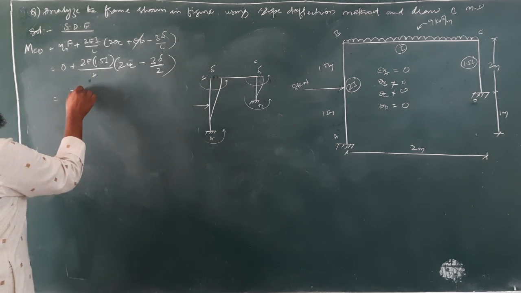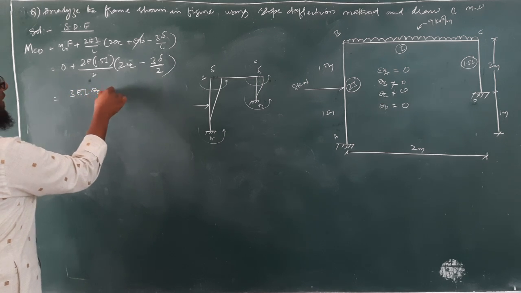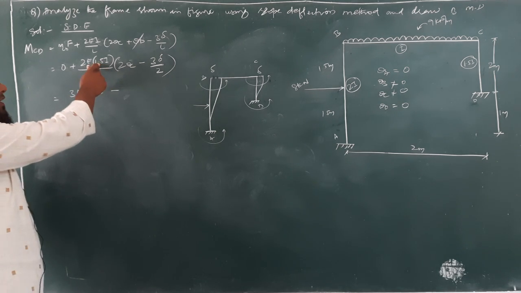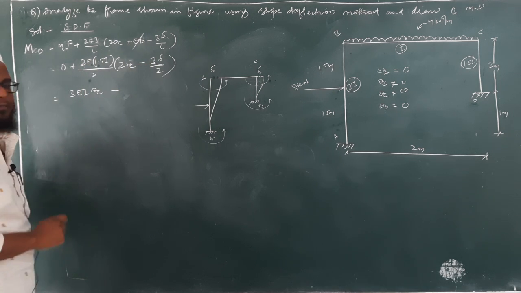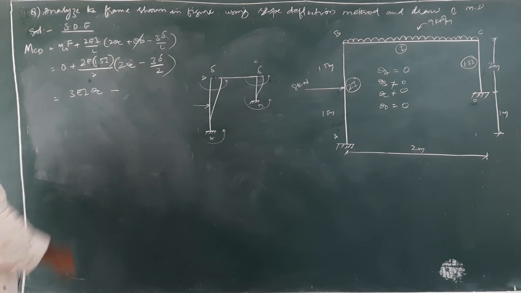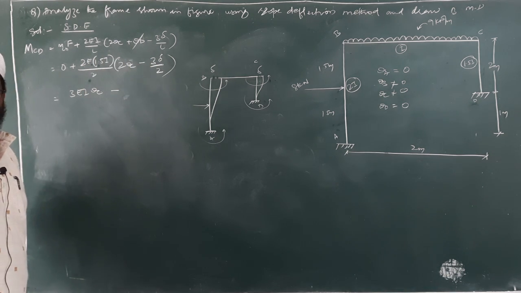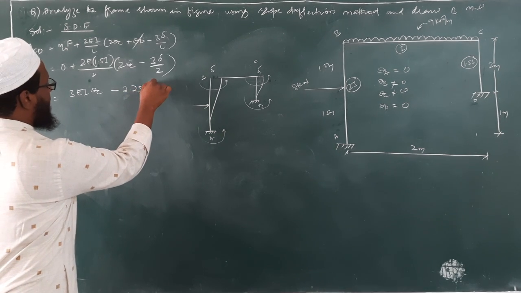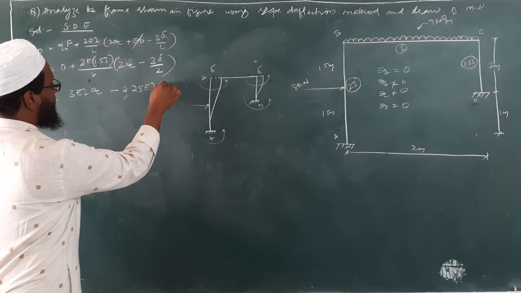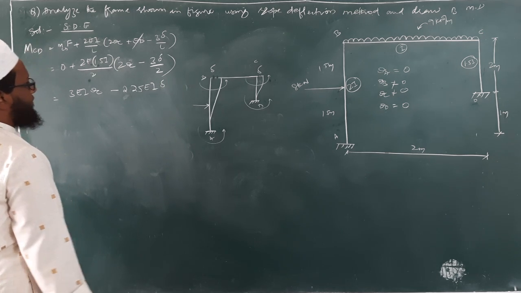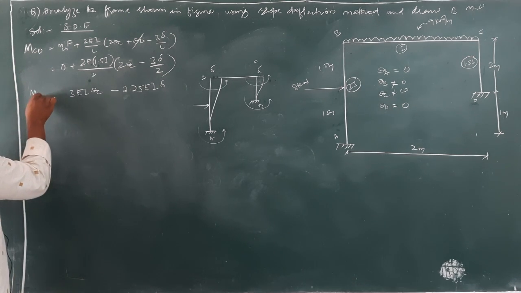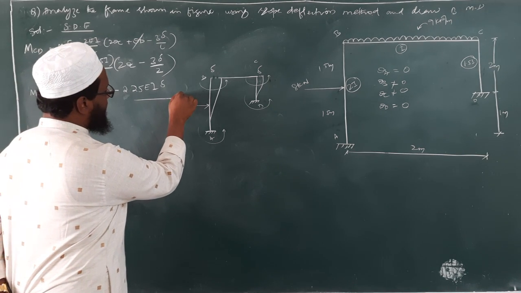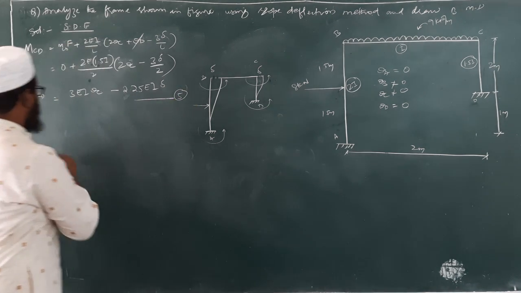So 3 EI theta C minus 2 into 1.5, 3. 3 into 3, 9, 9 by 4, 2.25. 2.25 EI delta. This is MCD. Equation number 5.